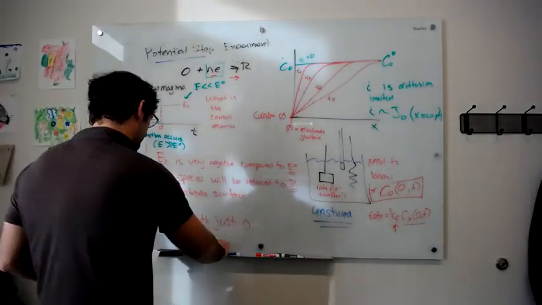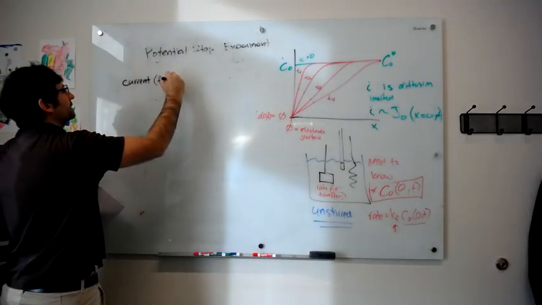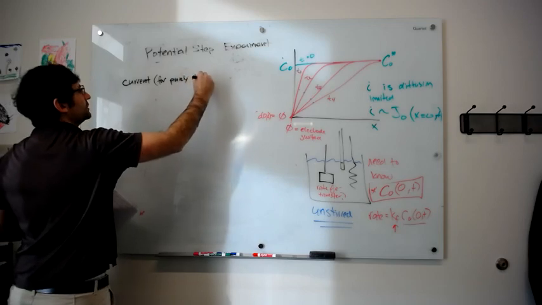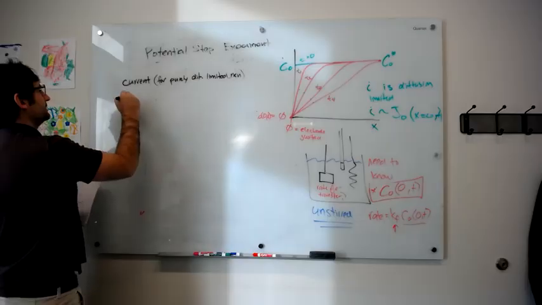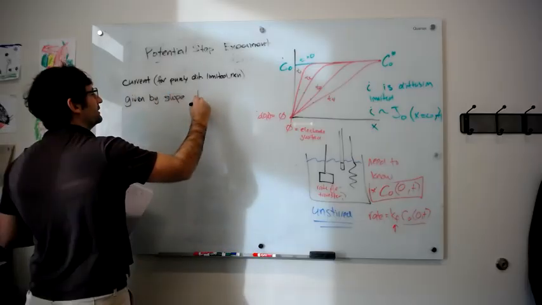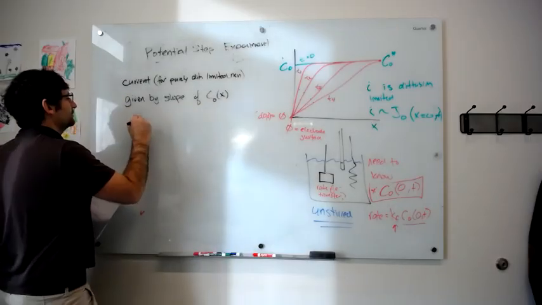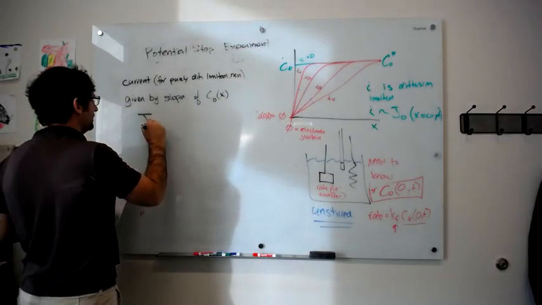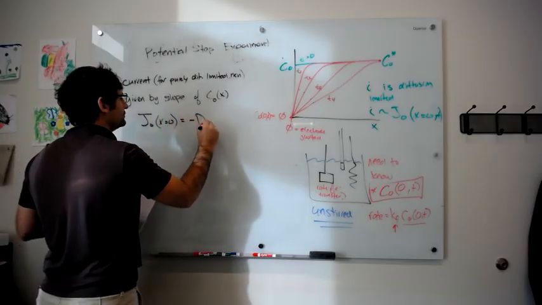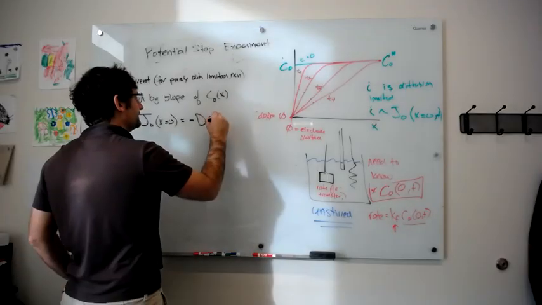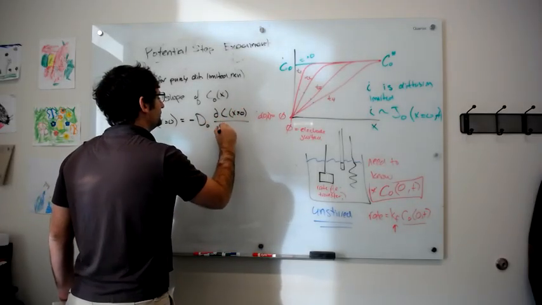Okay, so let's go through that now in a little more detail. So, current for a purely diffusion limited reaction is given by the slope of C(x), in this case C_O(x), which is equal to J_O at x equals 0, equals negative diffusion coefficient of O times dC_O(x=0)/dx.